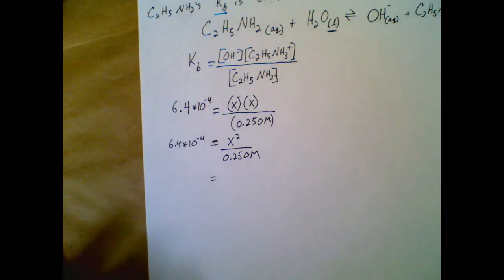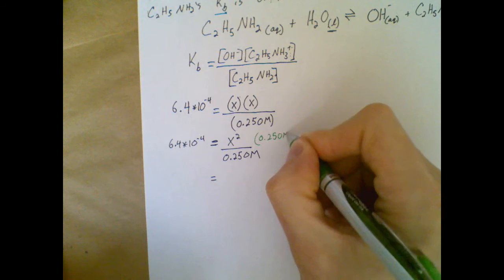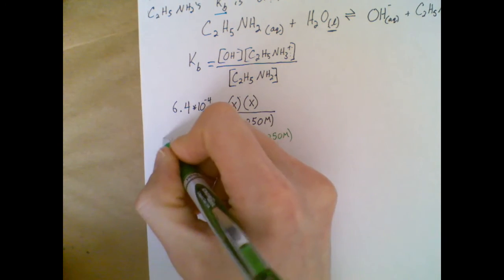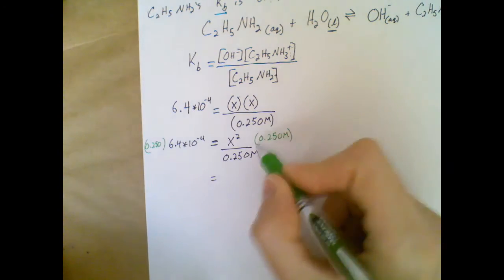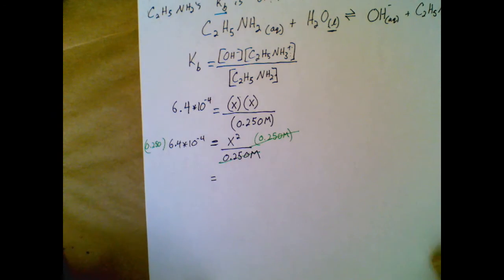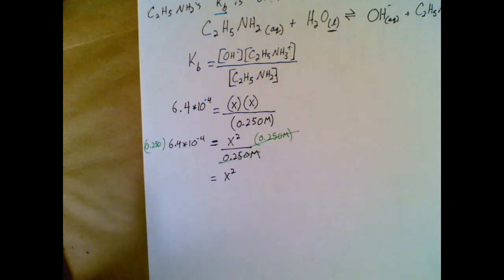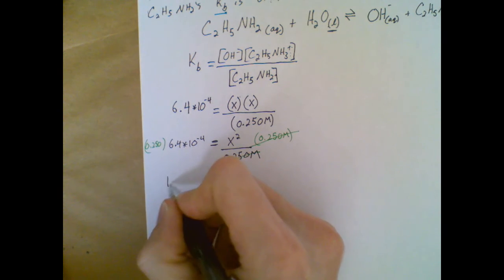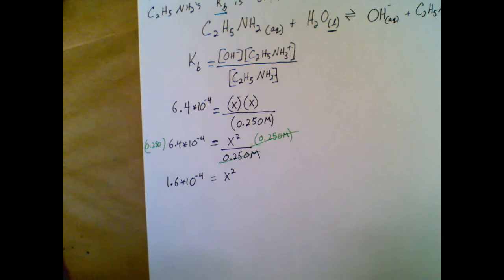Okay, so here's what we're going to do. We're now going to solve. To solve this, I'm going to multiply by 0.250 on both sides of the equation. That's going to cross this off. I'm going to have x squared equals 0.25 multiplied by 6.4 times 10 to the minus 4, which is 1.6 times 10 to the minus 4.